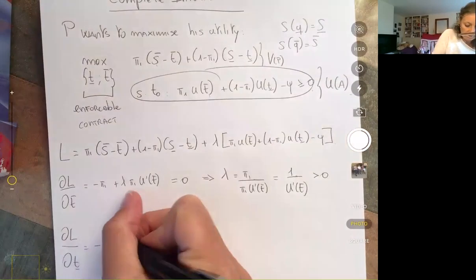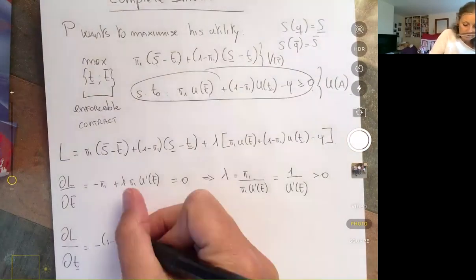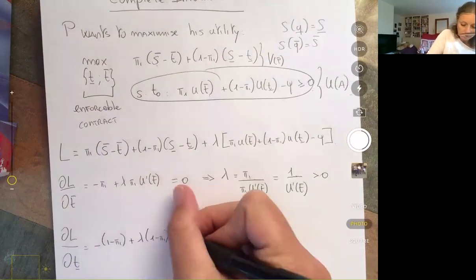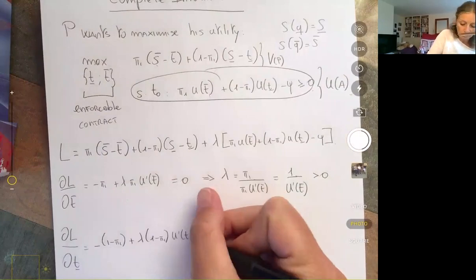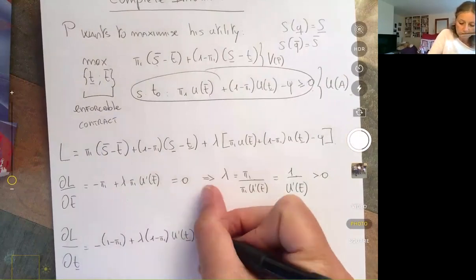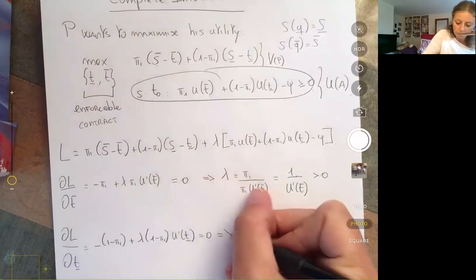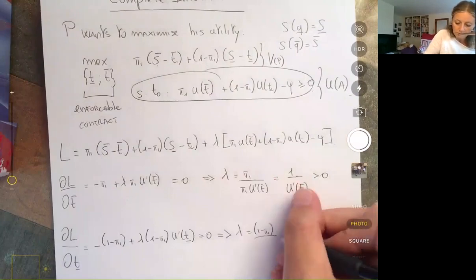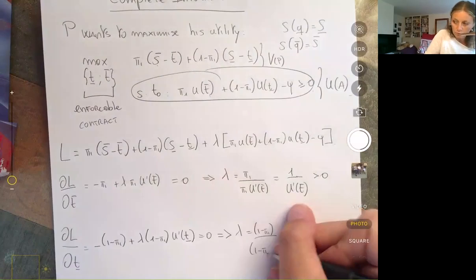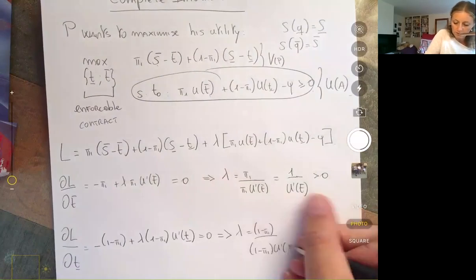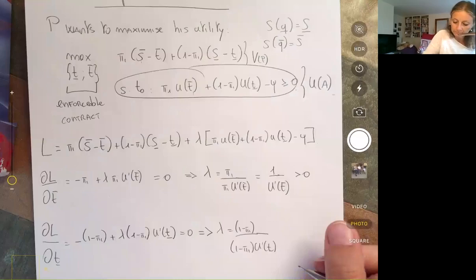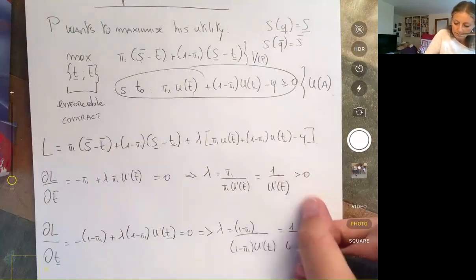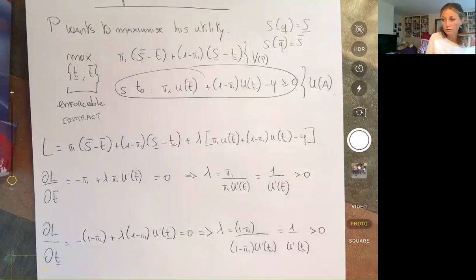And then we will have minus 1 minus pi 1 plus lambda 1 minus pi 1 u prime T lower bar equal to 0, which will give me lambda equal to 1 minus pi 1 divided by 1 minus pi 1 u prime T lower bar, and this is strictly positive as well.